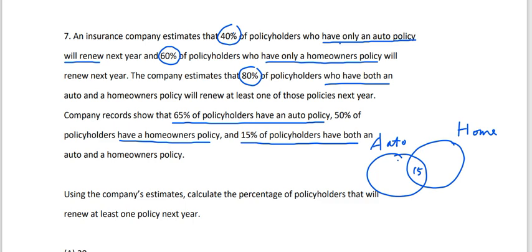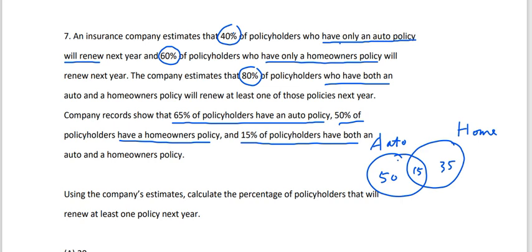So here is 50, and here is 35, because the home insurance is 50%. We add them up and get 100%. So this means that all people have some insurance.